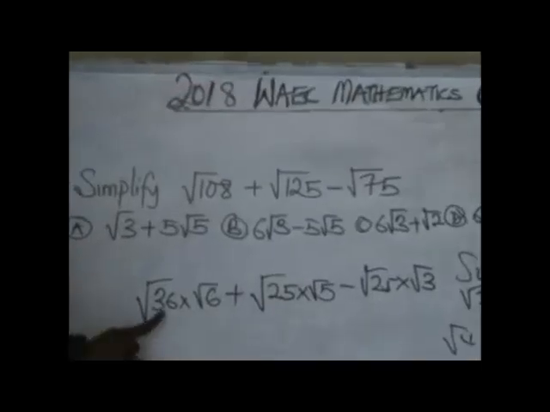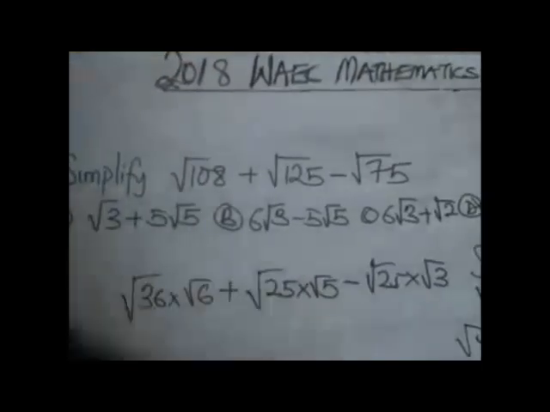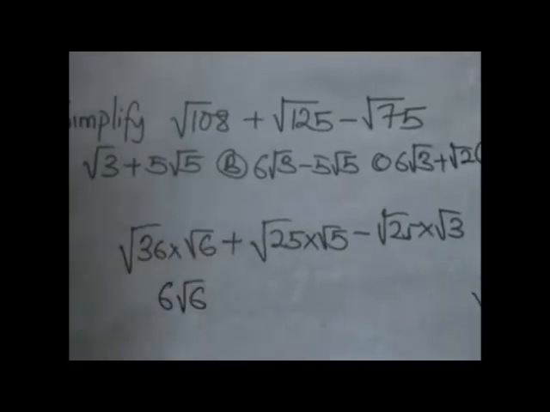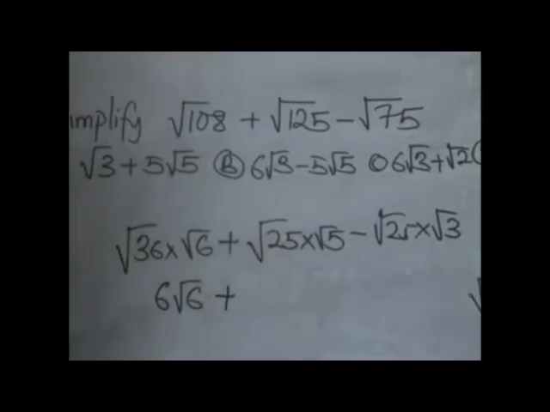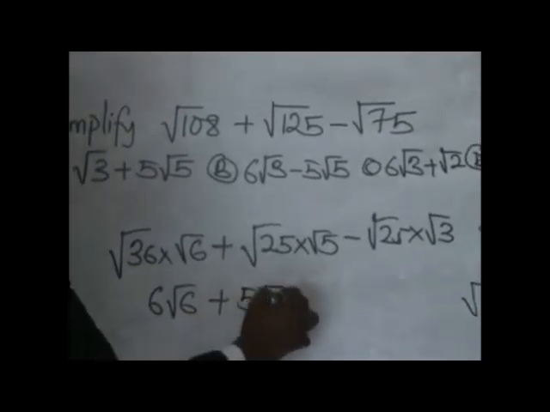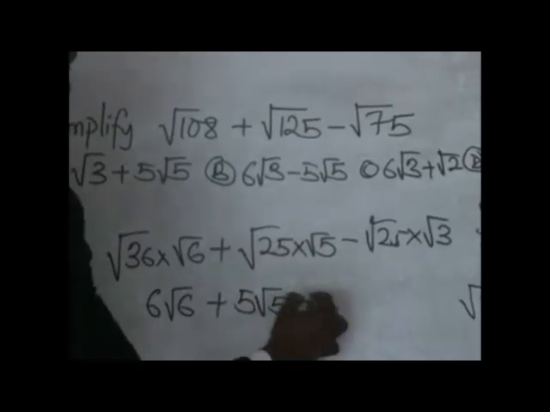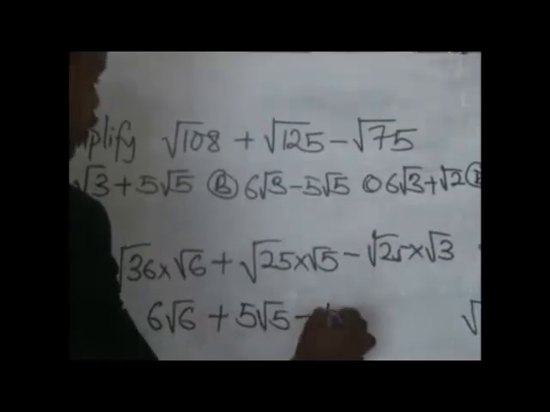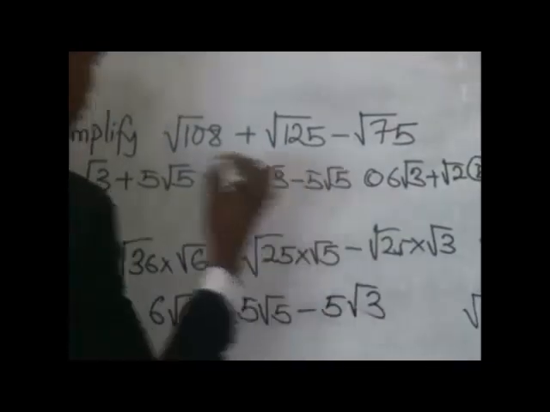Now, this is a perfect square, this is a perfect square, and this is a perfect square. So square root 36 is 6, giving us 6 root 3. Plus square root 25 is 5, and 5 times root 5 is 5 root 5. Are you following? Minus square root 25 is 5, and 5 times root 3 gives us 5 root 3.